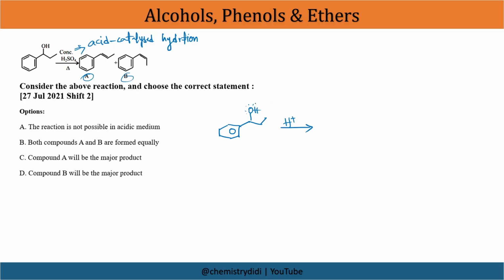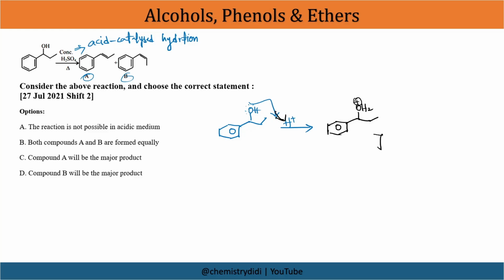Maybe in a few cases it might not, but here protonation occurs. Protonation means it will abstract the hydrogen, and it will form this OH2 positive. Don't worry, I'll draw one more carbon here, I didn't forget.